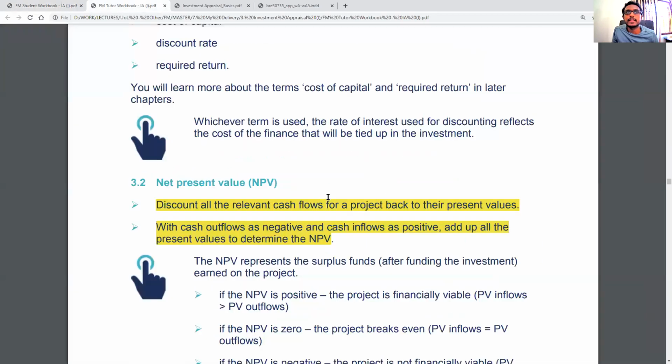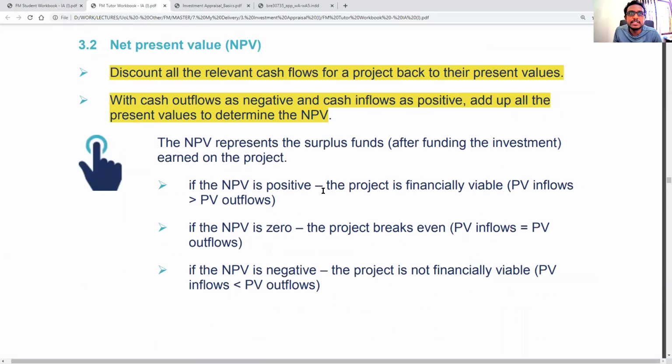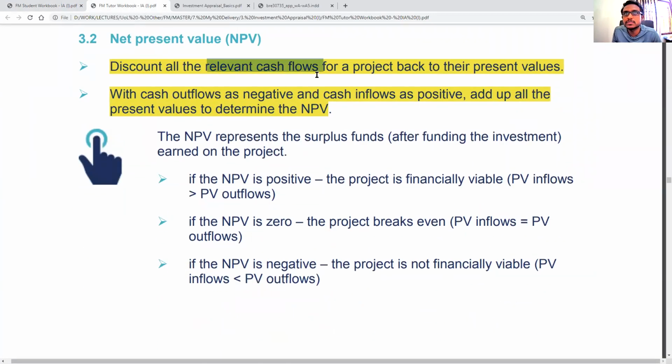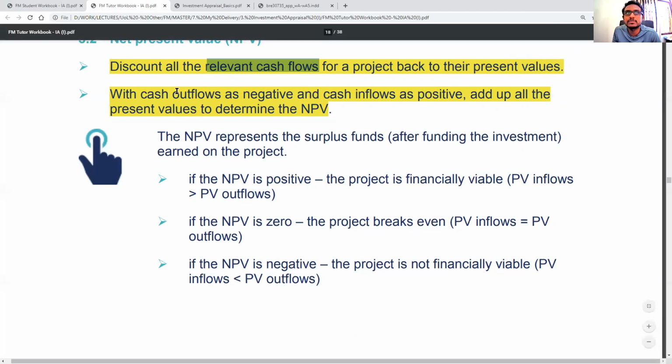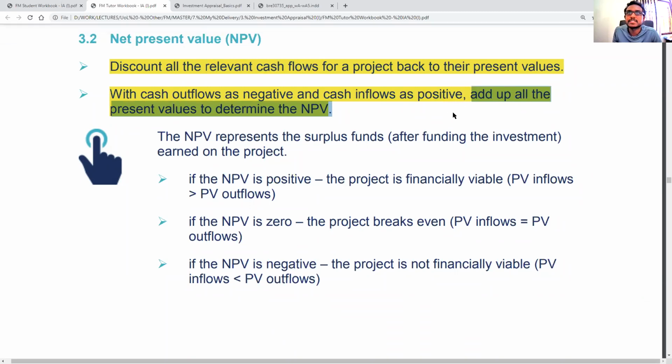So with NPV, what happens is you discount all the relevant cash flows for a project back to their present value terms, with cash outflows as negative and cash inflows as positive. Add up all the present values to determine the NPV. So NPV is just the addition of all the present value figures you have.